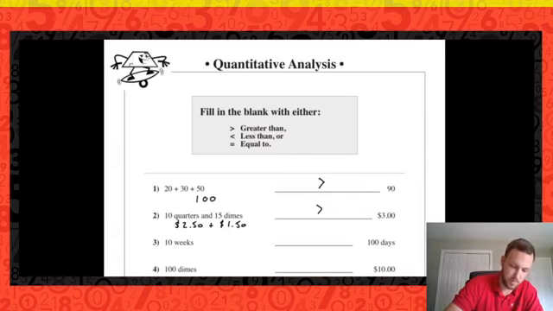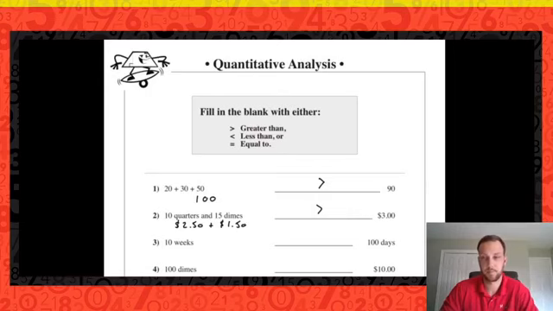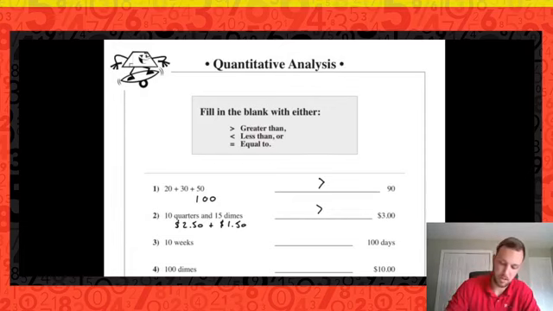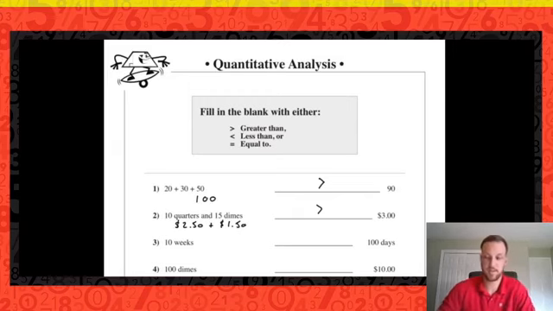So 10 quarters: 25 cents, the value of a quarter, 10 times, is $2.50. 10 dimes, we said last time, is $1, and 10 pennies is 10 cents. So if I add all of that up, is that greater than, less than, or equal to $10? Well, just looking at that, I know that we're not even going to be close. So 10 quarters, 10 dimes, and 10 pennies is less than $10. Good job.